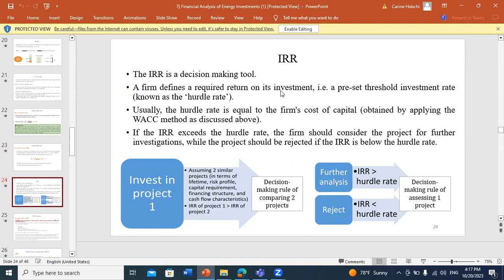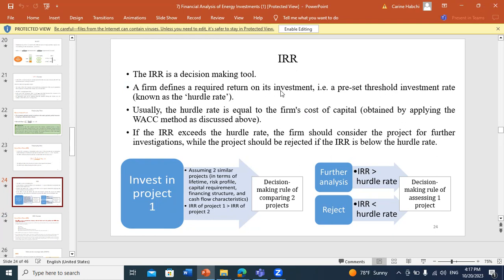What do we mean by this? In case I want to invest my money, I want to make sure that it will give me profits more than if I use it somewhere else. And if I put my money in a bank, for example, I am expecting to have a profit of this percentage per year. Or if I go towards doing another project, I am expecting to gain, let's say, 10% per year.